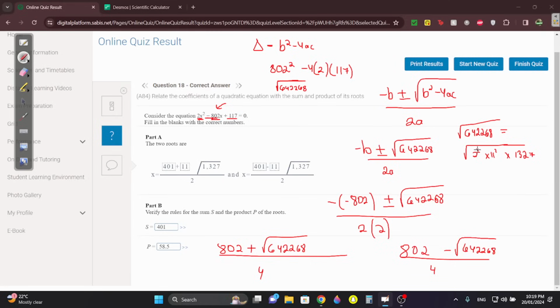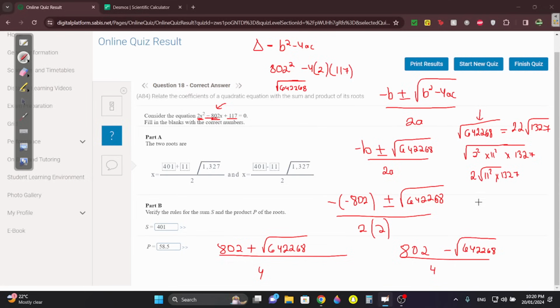I don't know if your calculator does it for you. I know my calculator is really old. I don't know if when you put radical 642268 on your calculator, it directly gives you 22 radical 1327. If it doesn't, then you have to do it the way I'm showing you now. I doubt they'll give you these types of numbers in the exam, but this is how to solve it. 2 squared, you take it out, becomes 2 radical 11 squared times 1327.